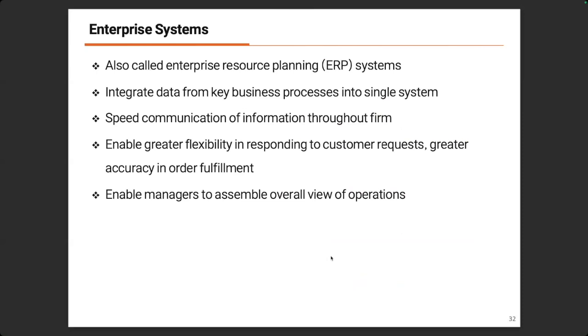So the enterprise systems, also called enterprise resource planning, ERP systems, integrate data from key business processes for the business functional areas into a single system. Actually, previously, the information was fragmented in many systems.